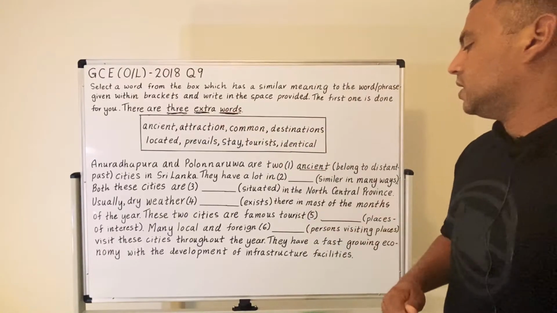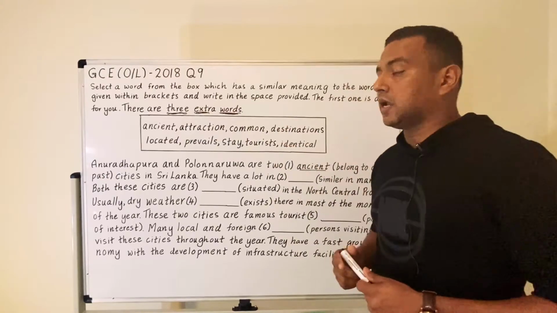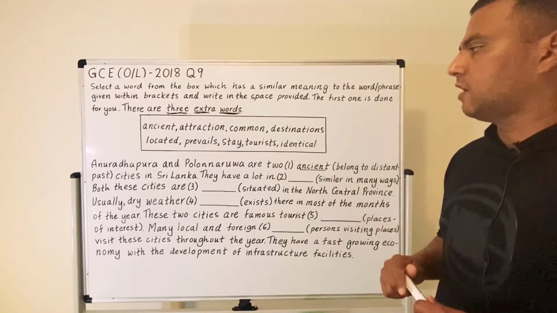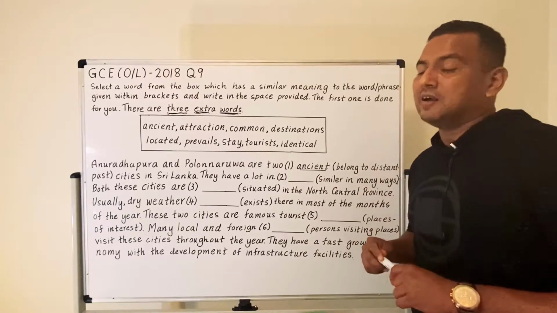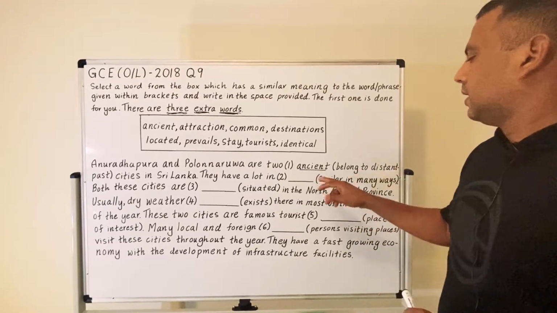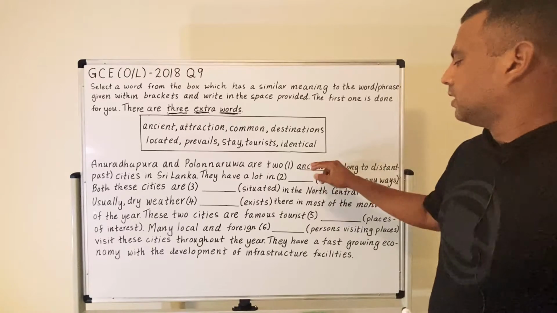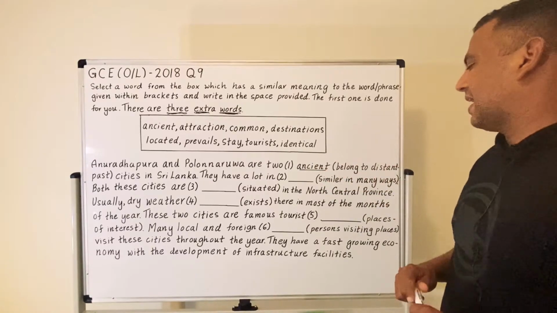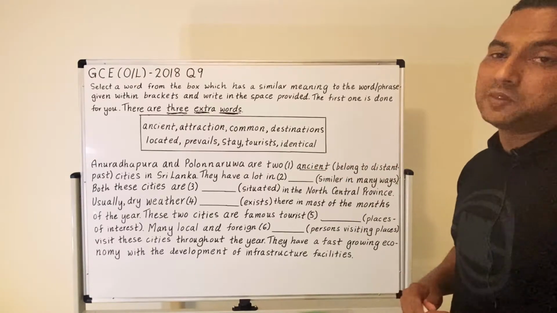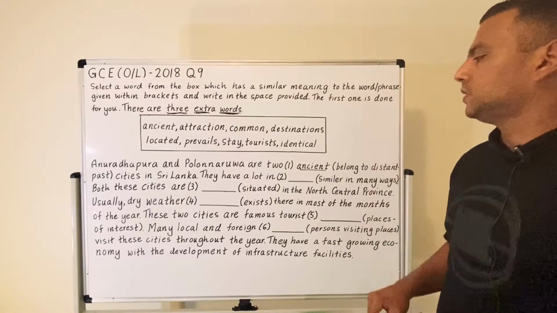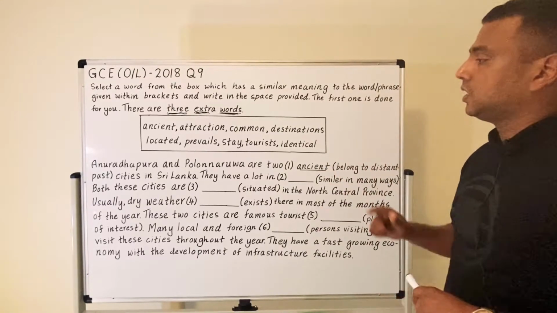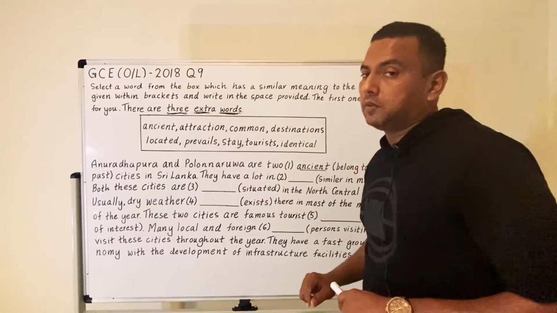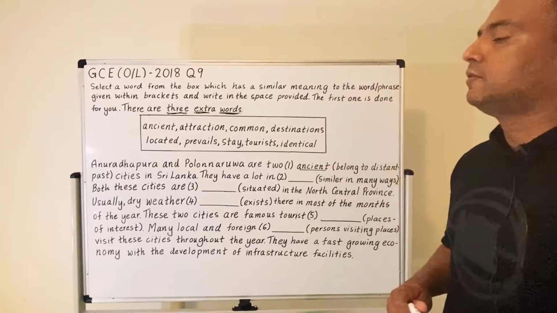There are 6 blanks. They have given 9 words. So you have to be careful because there is a tendency that you might end up picking the wrong word. And also, as you can see, after each blank they have given some description within brackets. The description tells you the exact word you have to pick from this box in terms of filling in the blank.